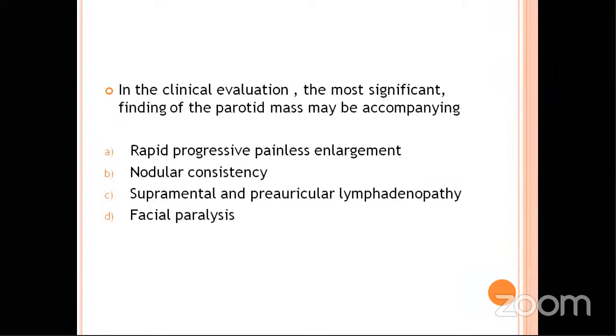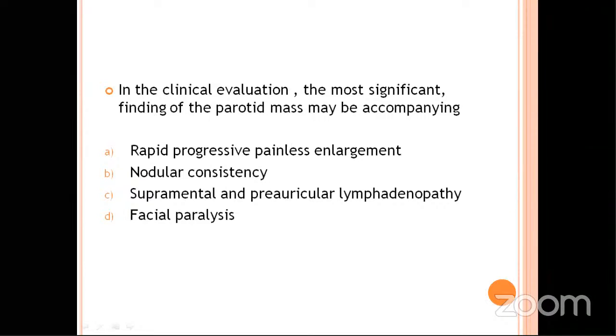In the clinical evaluation, the most significant finding of a parotid mass is accompanied by... Clinically, when you see a patient with a parotid mass, a big growth or mass in the parotid region, what do we look at first? Rapid progressive painless enlargement, nodular consistency, submental and preauricular lymphadenopathy, facial paralysis.